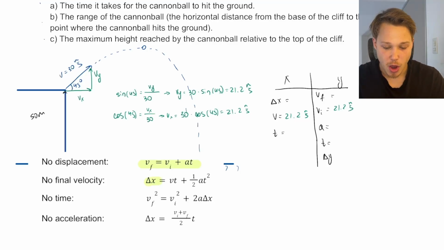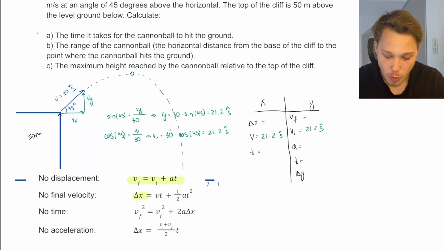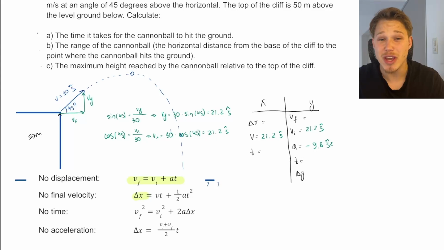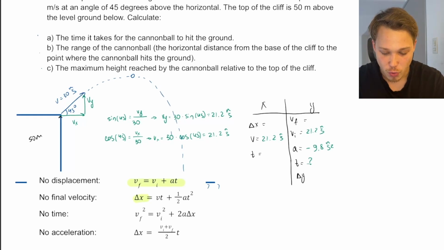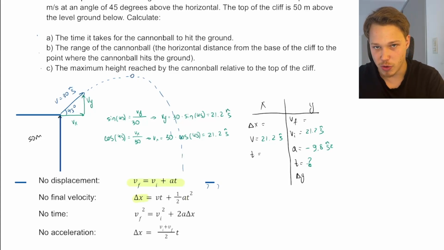What else do we know? We also always know that the acceleration is negative 9.8 meters per second squared. We can always put that for acceleration in the y direction because the only acceleration in this problem is the gravitational acceleration. And we need to solve for the time. So we still need one more variable in the y.